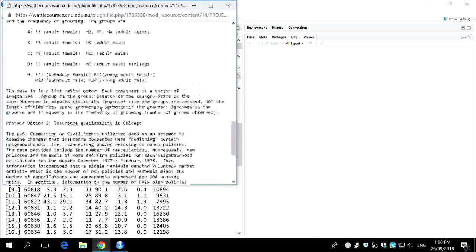All right. The one other thing I wanted to mention about the otters is something that people always get confused about, even though it's written here clearly. In the otter data, there's a list element called time. That is the time they are watched. It is not the time spent grooming.